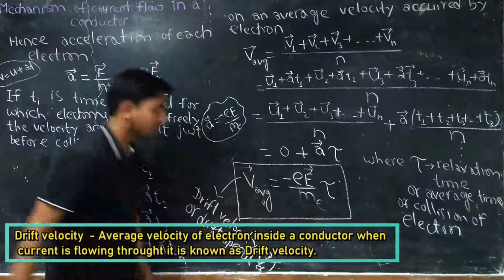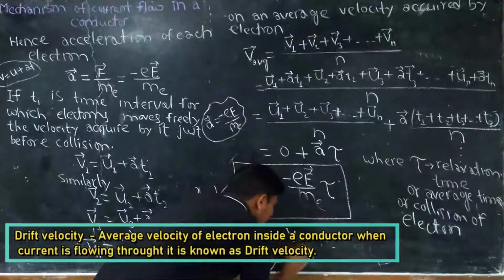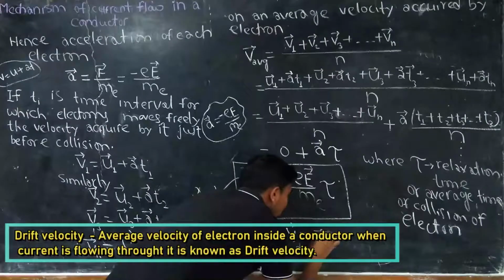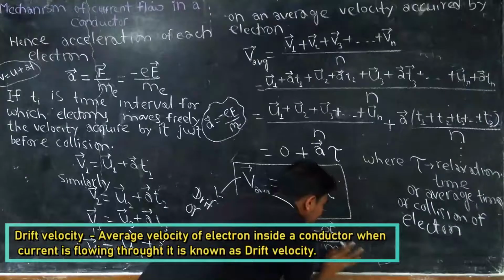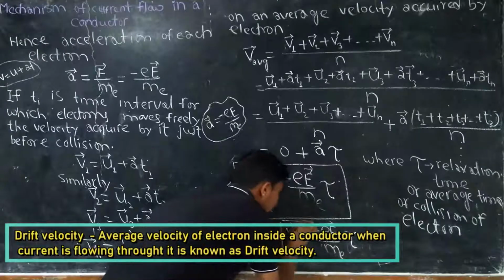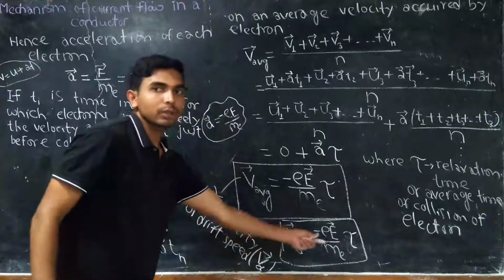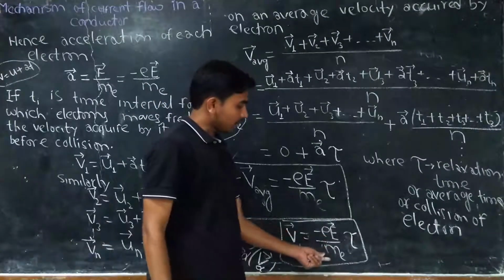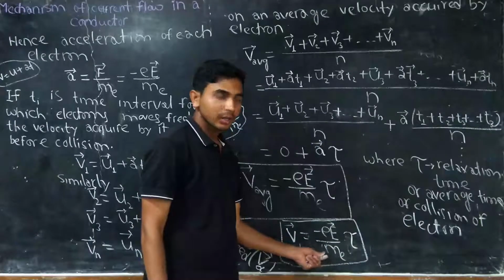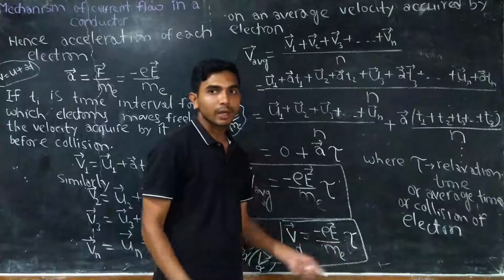So further we can write Vd is equal to minus eE by me into tau. This formula you have to remember. Here E is the electric field, m is the mass of the electron, e is the charge on the electron, and tau is the relaxation time.